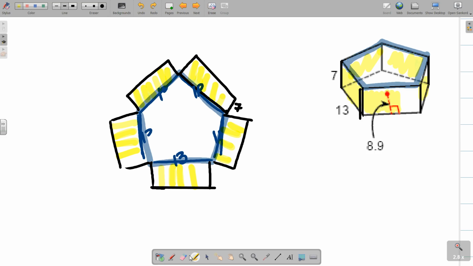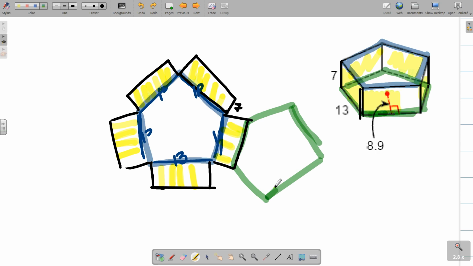And then it doesn't matter where you attach it, but I'm going to attach the other pentagon to any one of the edges here. So I'm going to attach it to this edge, so that if you were to fold this together, it would create that solid again.